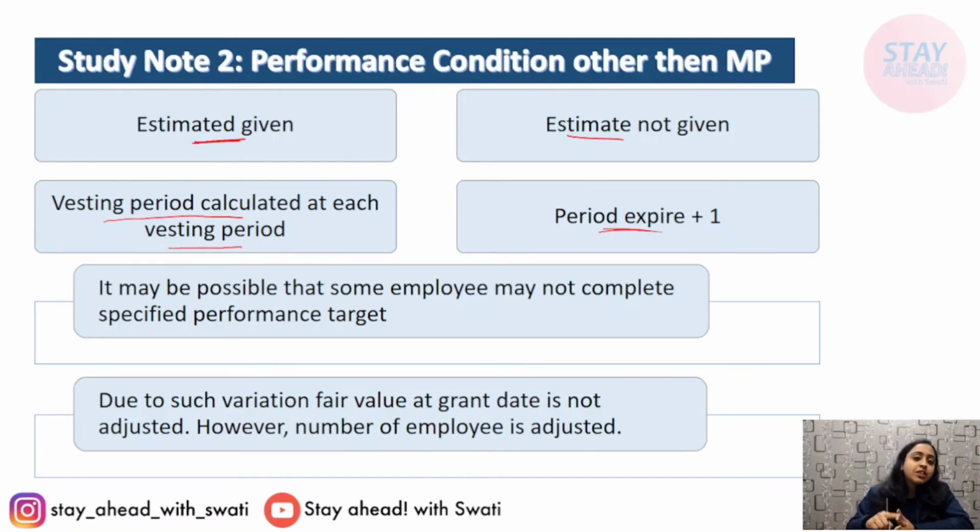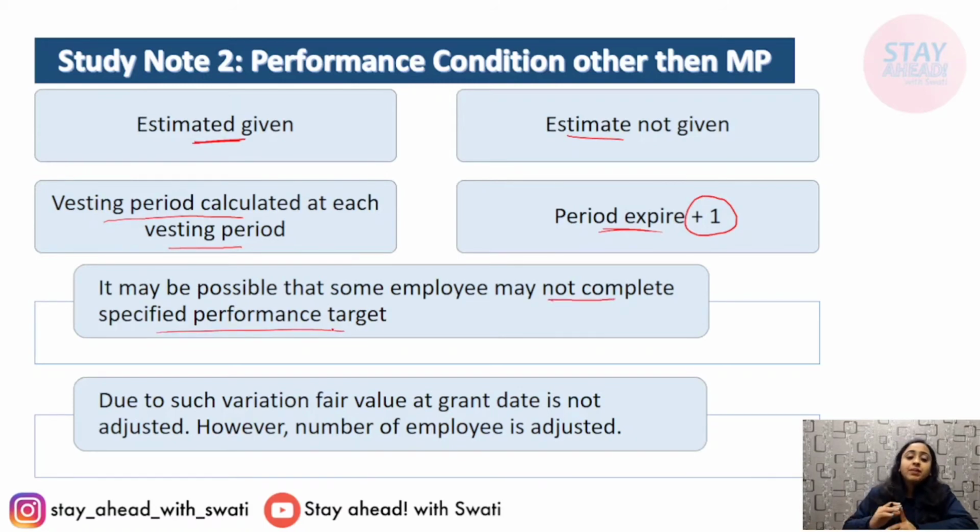Always, if the estimate is not given, you assume that, okay, it has not happened this year, then it will definitely be reached in the next year, in the upcoming year. Therefore, your vesting period is always taken plus 1. If the estimate is given, then it is revised and calculated each year. It may be possible that some employees may not complete the specified performance target.